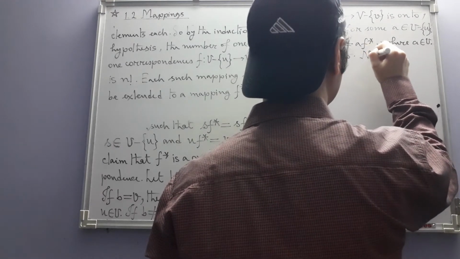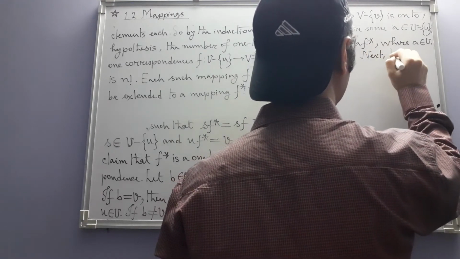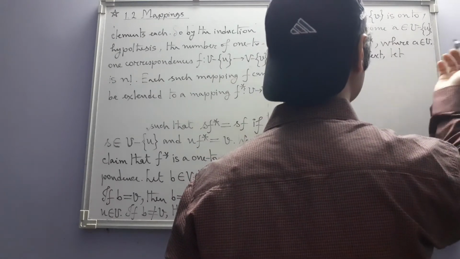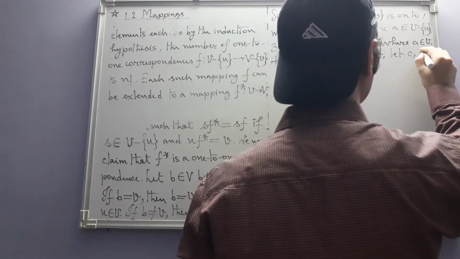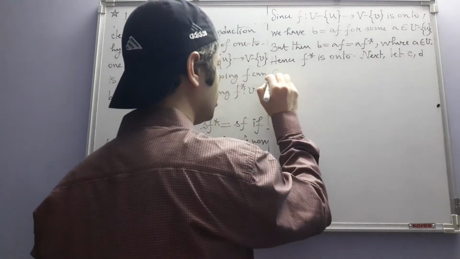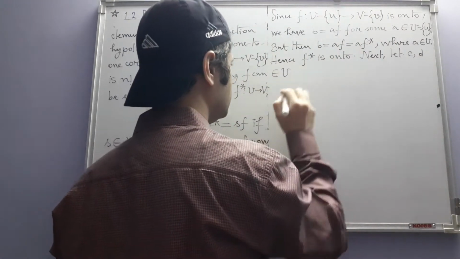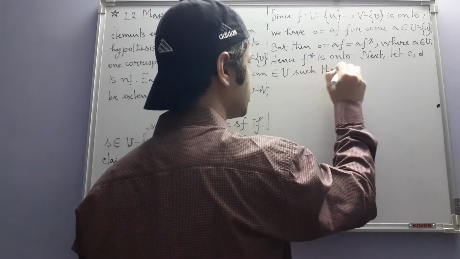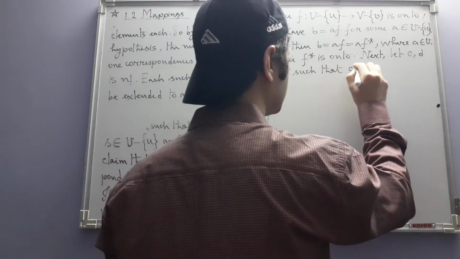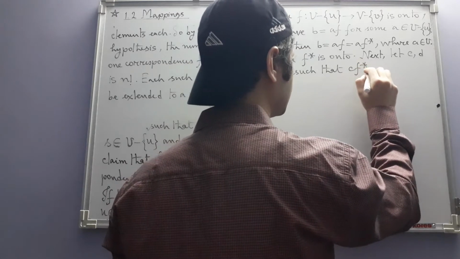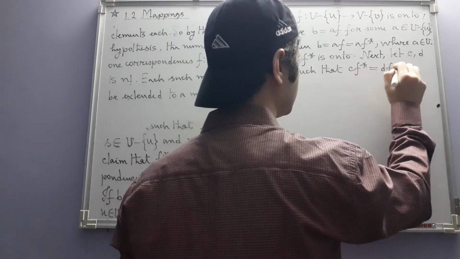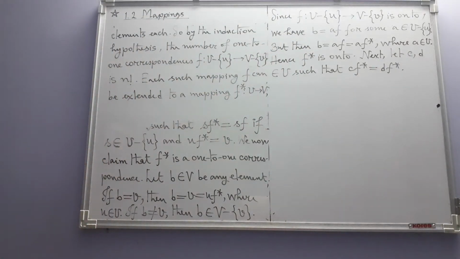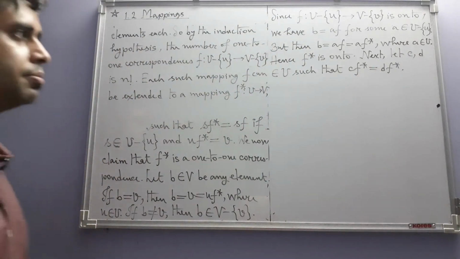Next, let us take C and D. C and D be two elements in U such that Cf star is equal to Df star. We have to prove that C is equal to D.